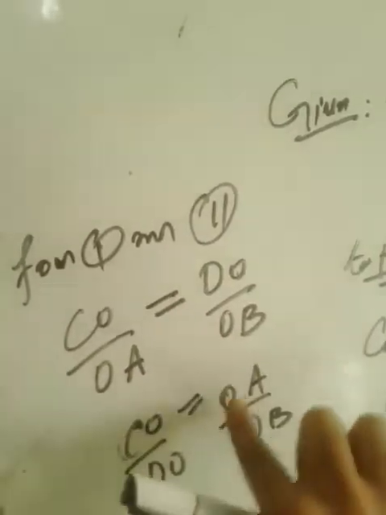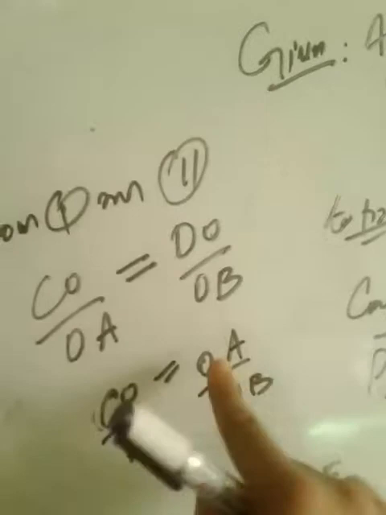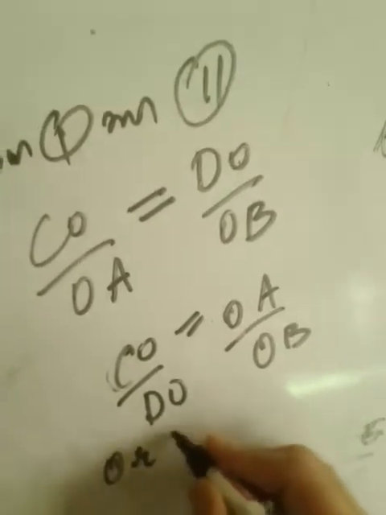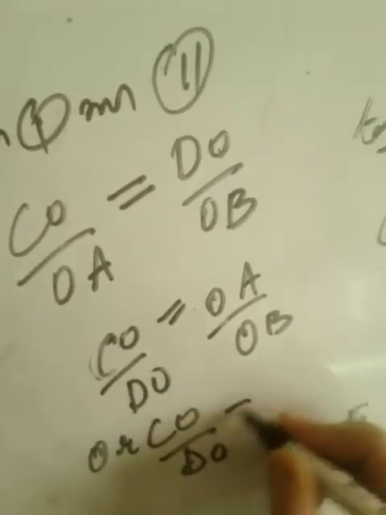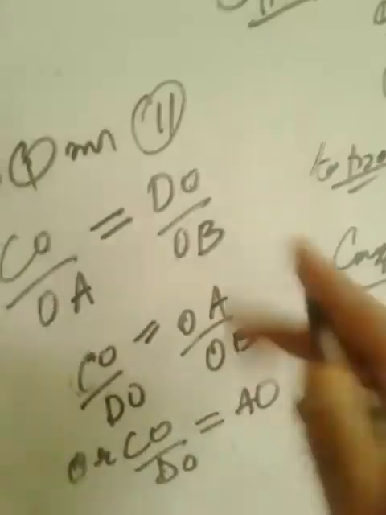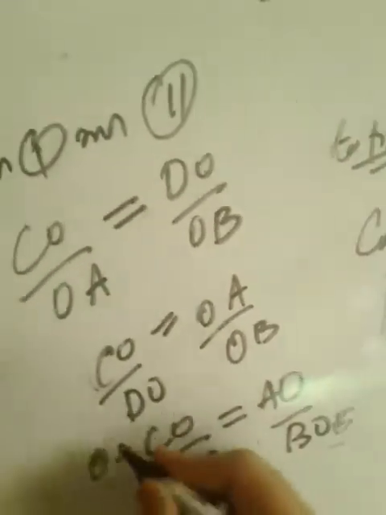We can rename OA as AO, so we write CO by DO equals AO by BO.